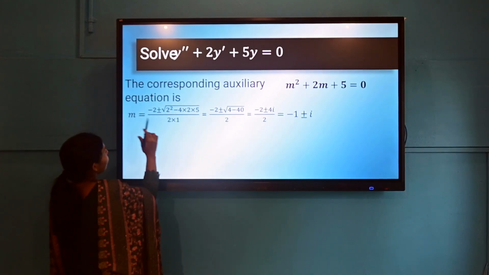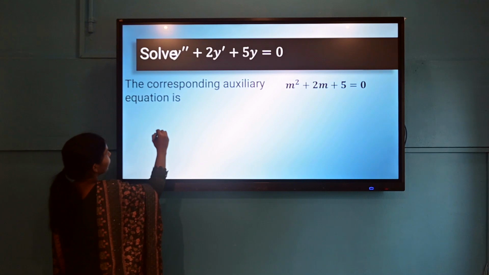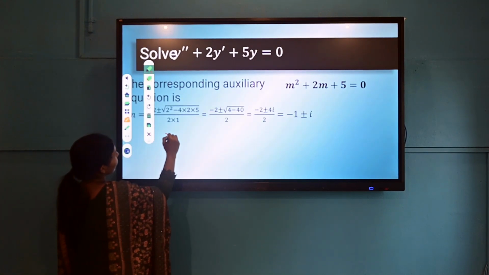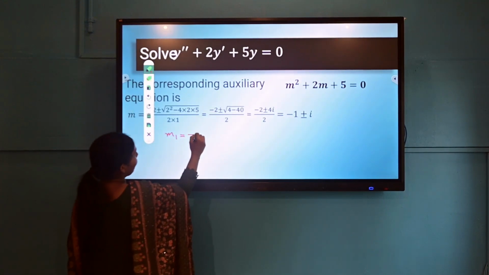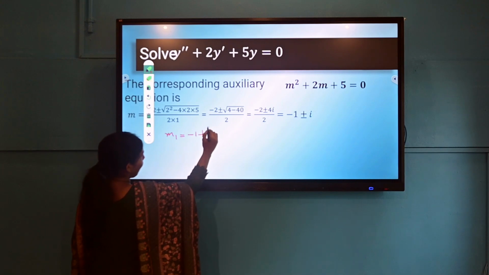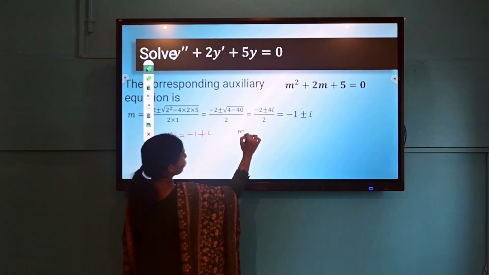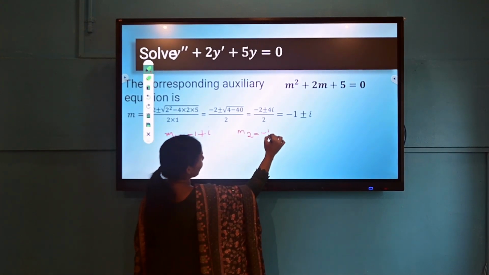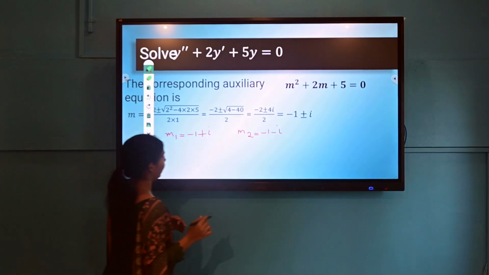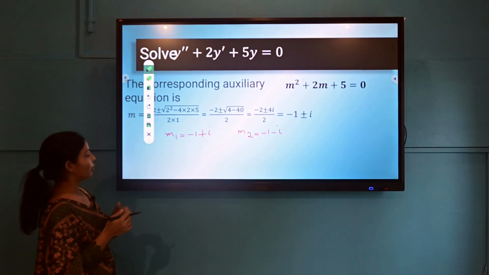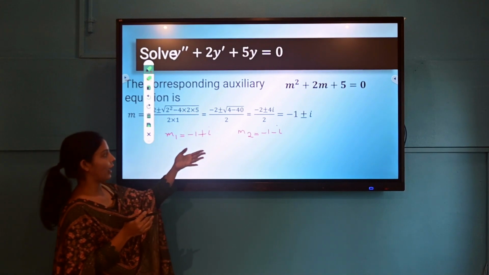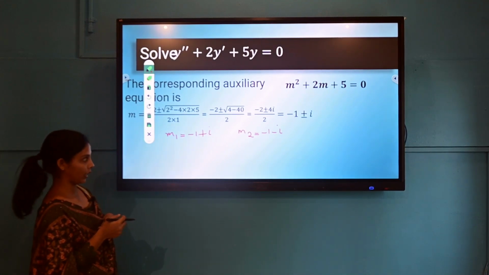The two roots will be m1 is equal to minus 1 plus i and m2 equal to minus 1 minus i. We will get two distinct complex roots.